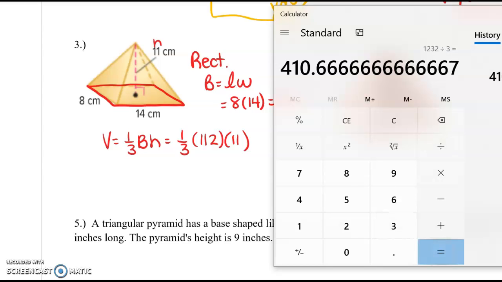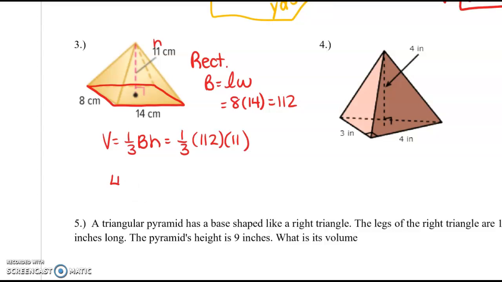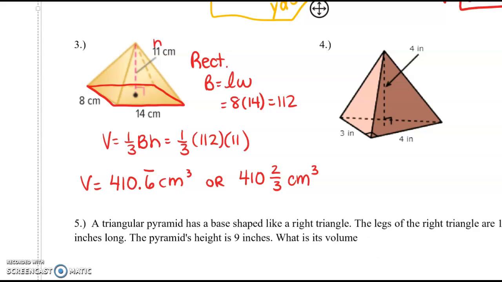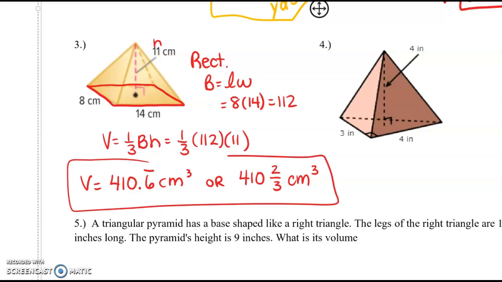That gives me 410.666 repeating. That 0.666 repeating is 2/3. So you can either write it as a decimal, 410.6 repeating, centimeters cubed, or as a fraction, 2/3, if they want it as a fraction in IXL. Either one of those answers works.